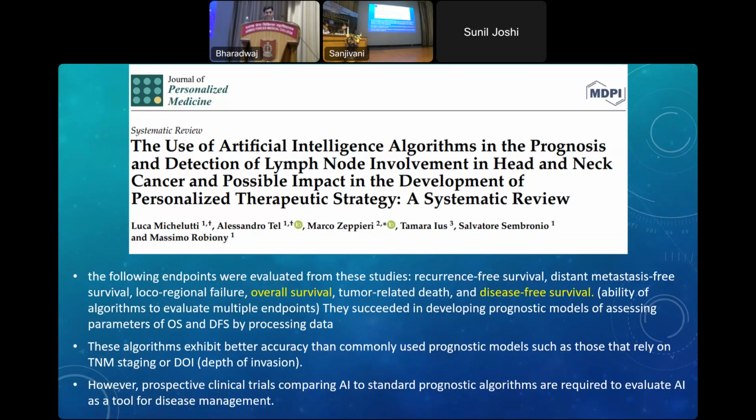But the most important, they have succeeded in developing prognostic models for overall survival and disease-free survival, which is what we need the most. These algorithms exhibit better accuracy than commonly used prognostic models, such as those that rely on depth of invasion. However, prospective clinical trials are required to evaluate and use it as a tool for disease management.